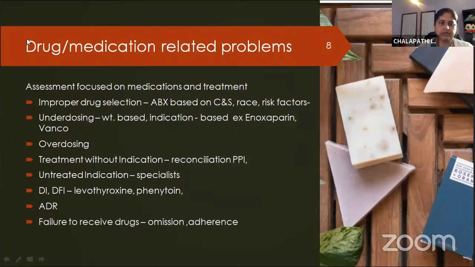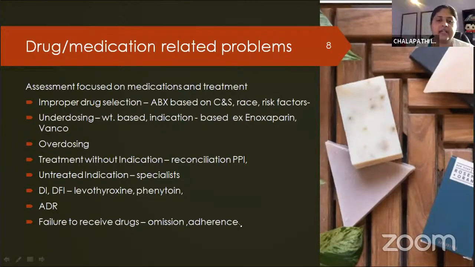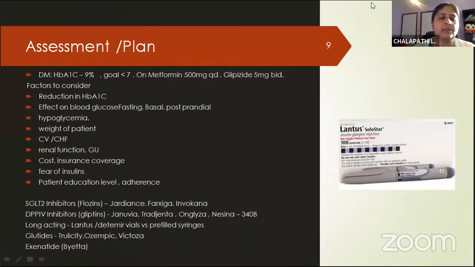Yes. So when we talk about drug selection, our focus is always on: are we selecting the correct drug? There are many factors before we select a medication for a given condition. Say, for example, it is an antibiotic.